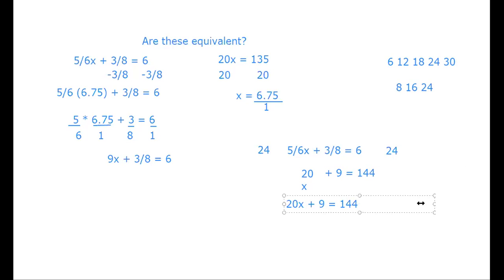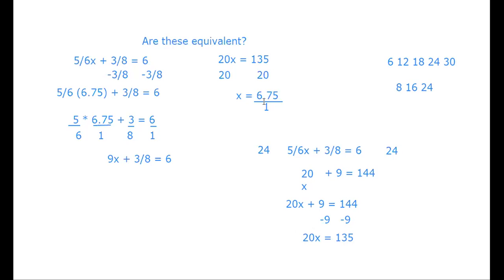144 minus 9. And if you notice, one of my original problems here, I had 20x. What's going to happen when I take away 9? 20x equals 135. Same as the other original problem.